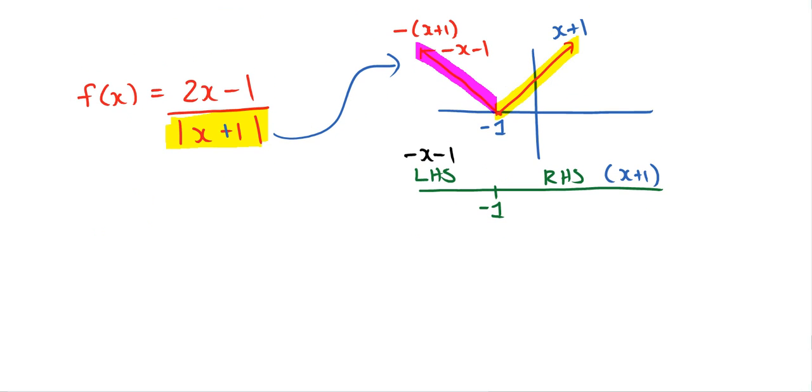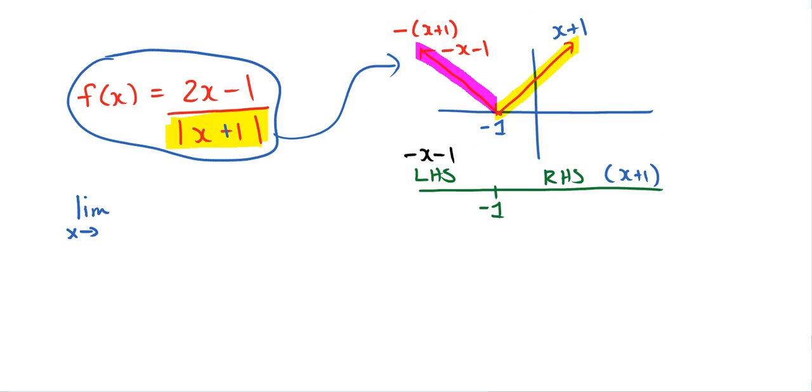Okay, so let's take the limit of this expression right here. If I take the limit as x goes to positive infinity, you have to recognize that positive infinity is on the right hand side, way over here. So on the right hand side, I'm dealing with the equation 2x minus 1 divided by x plus 1.